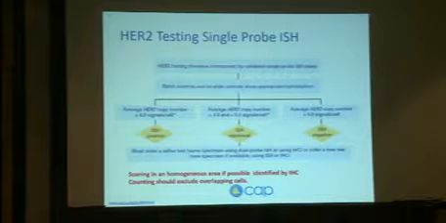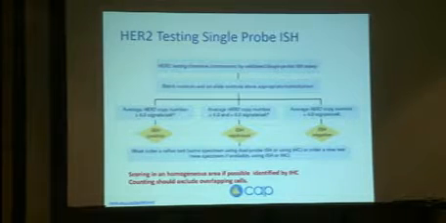And that's why 20 nuclei is not enough in cases like that, because when it's really very close to the threshold, because it's not 5, it's 4.17, it was better to count more nuclei. So we are in the middle where we have between 4 and 6 signals per cell. So it's in the category of equivocal.